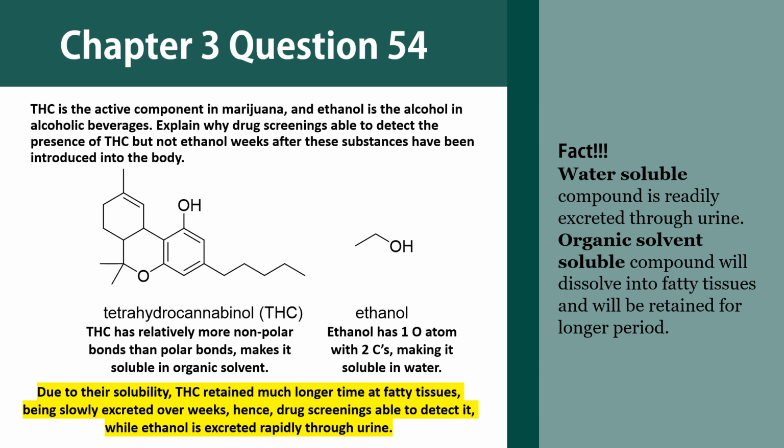Due to their solubility, THC is retained much longer in fatty tissue, being slowly excreted over weeks. Hence, drug screening is able to detect it, while ethanol is excreted rapidly through urine.